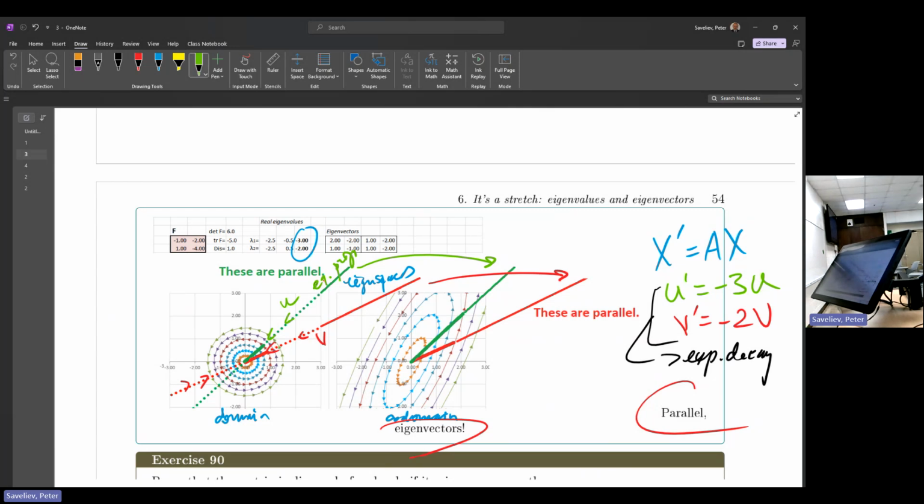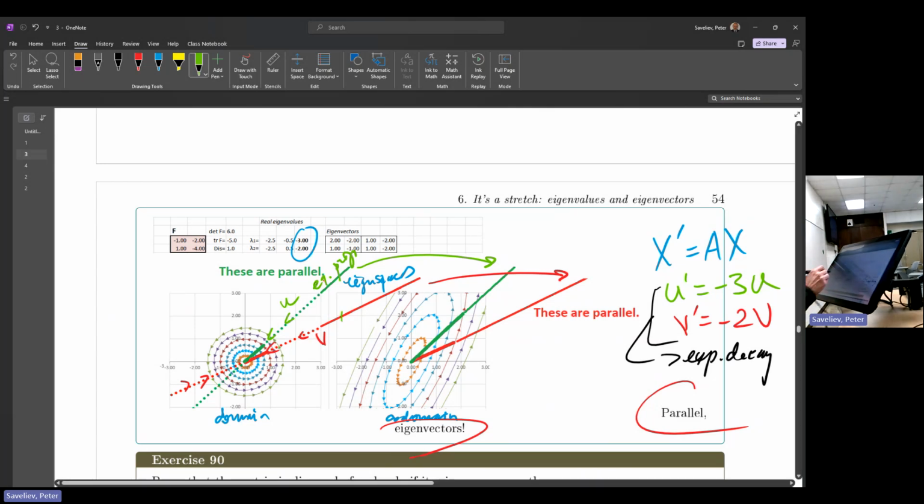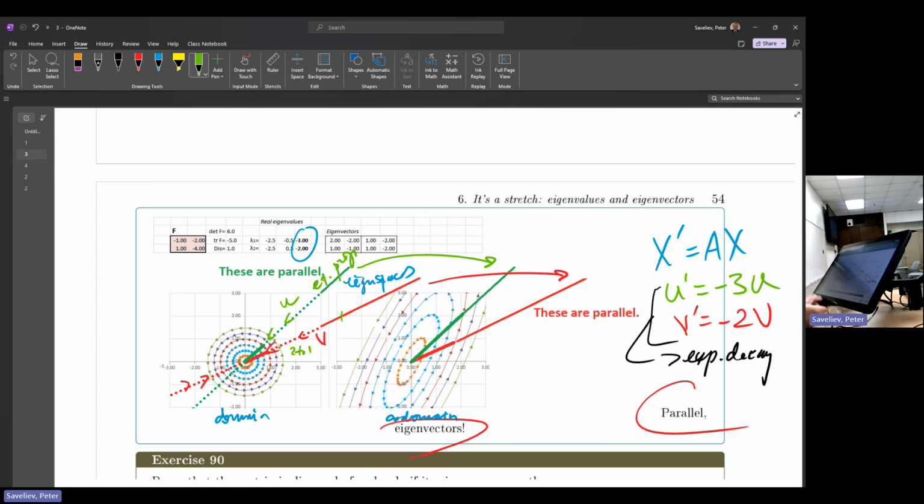And then if you combine them along the red line, which appears to be maybe 2 to 1, yes, it is 2 to 1, then they also decay, but at a different rate. And the rest of them also decay, but the proportion is not preserved.